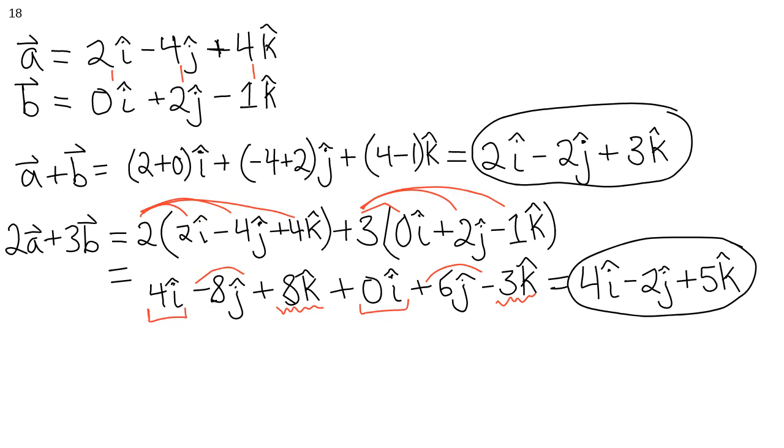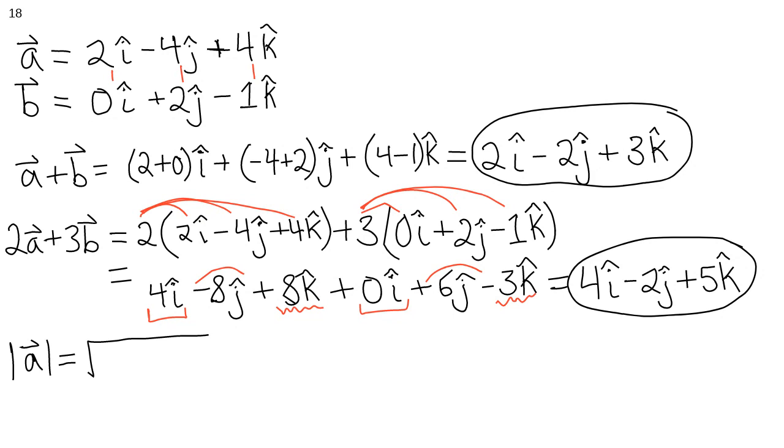No questions. The next one is the magnitude of A. So how long is the A vector? The magnitude of A is, you're basically doing Pythagorean theorem. So the square root of the A components squared.